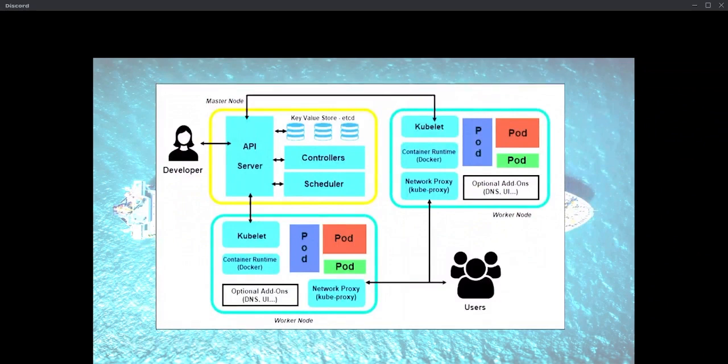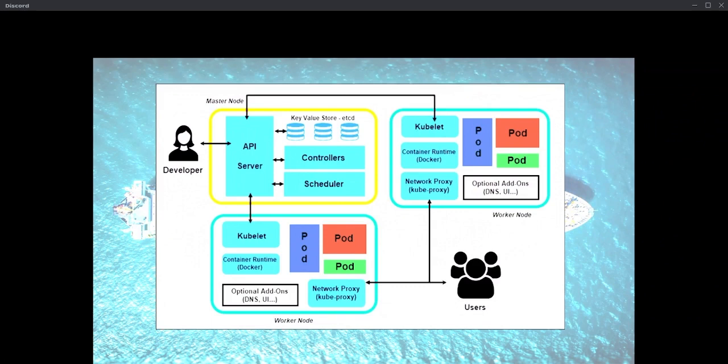So this is another example: here's a developer. They leverage the master node to push out changes to those worker nodes. The developer uses Kubernetes commands to push through the API server to communicate with your worker nodes, which consist of the container runtime, here Docker.